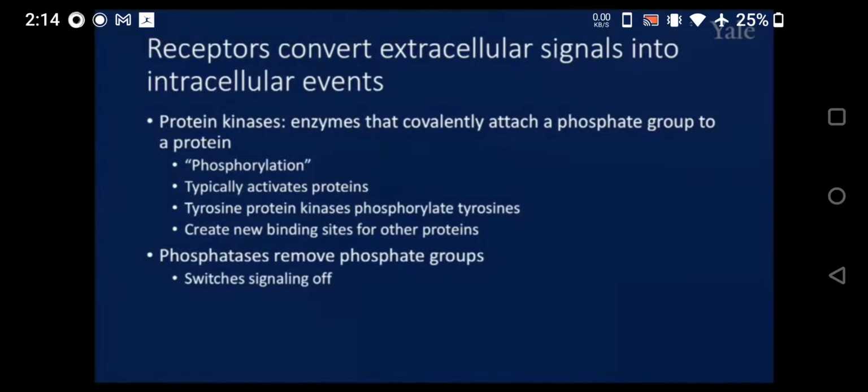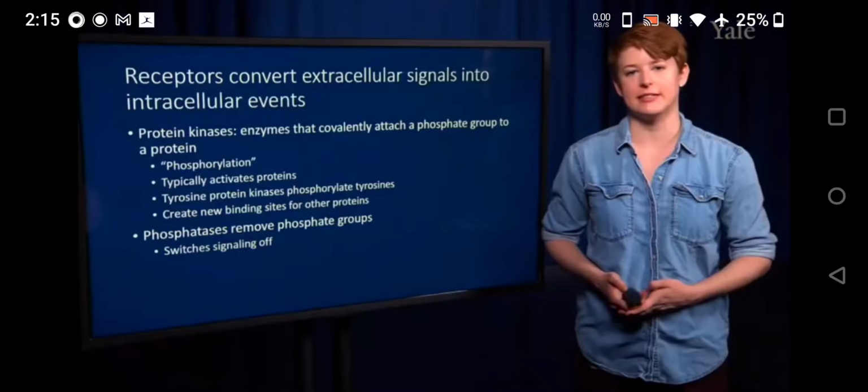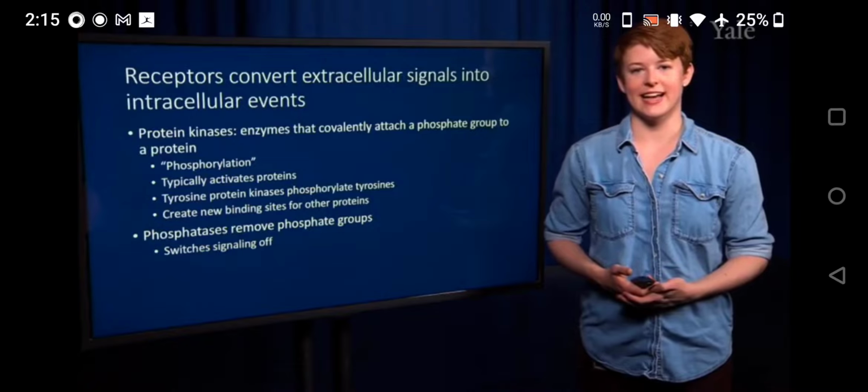In particular, this uses protein kinases, which are enzymes that covalently attach a phosphate group to a protein. And this is called phosphorylation. Typically, this activates proteins, although it's possible in some instances that it represses protein activity.